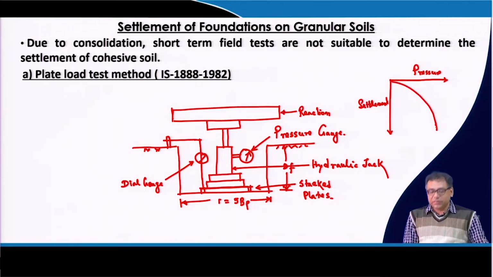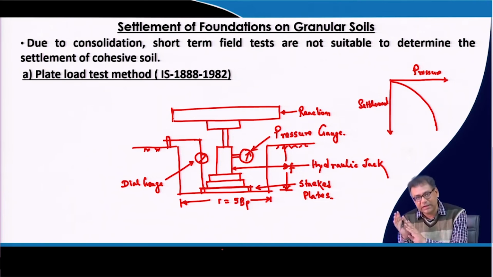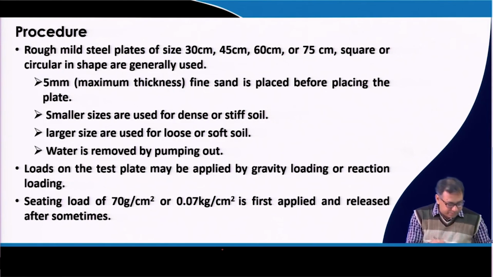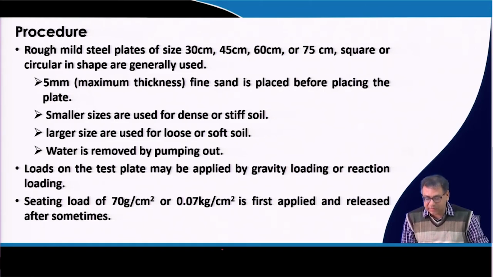Using this curve we will get the bearing capacity of the foundation as well as the settlement of the foundation. That I will discuss. Ultimately we will get the pressure versus settlement curve, and you should know some tips and the procedure for this particular test.